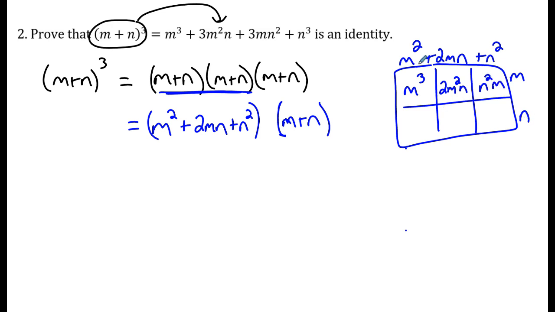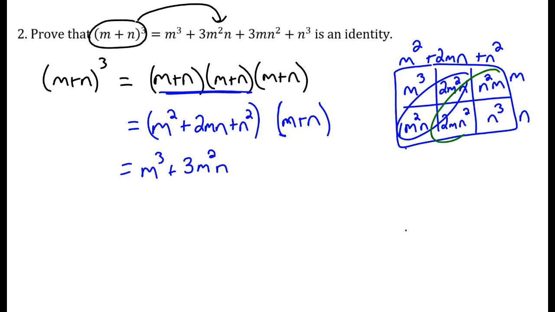All right, now distribute the n in. m squared n. 2mn times n gets another n, so that's n squared. That's n cubed. So when I multiply those together, I get m cubed plus, well, those m squared n's are like terms. So I have 2 plus 1 gives me 3m squared n.